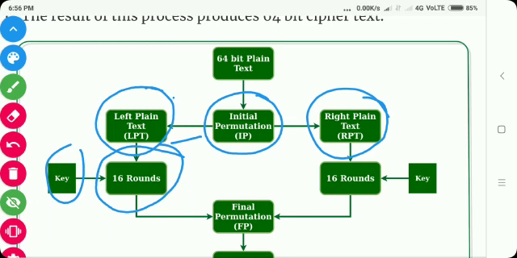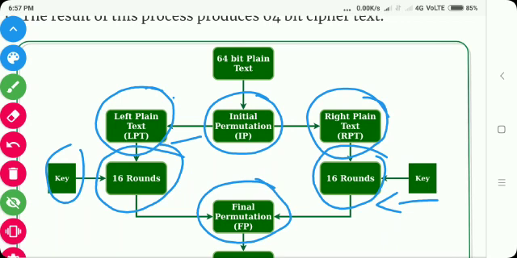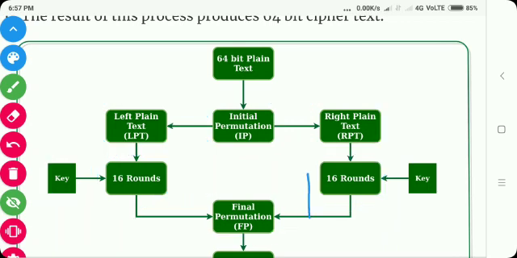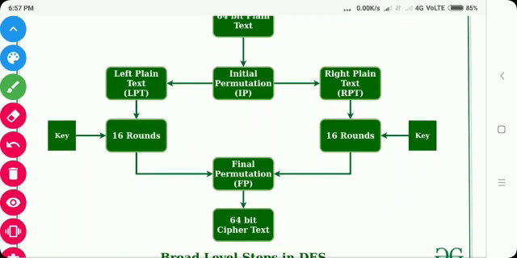Again the right plain text goes through the 16 rounds of permutation. For that the keys are provided, and after that it gives the final permutation, that is FP, and it gives the 64-bit cipher text.